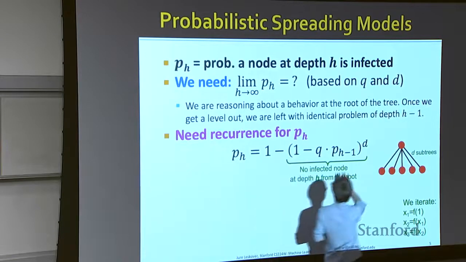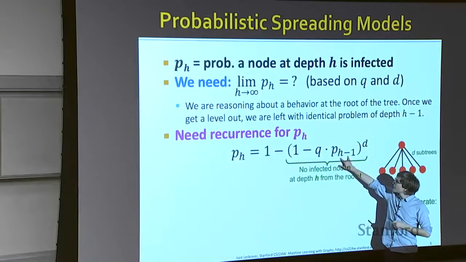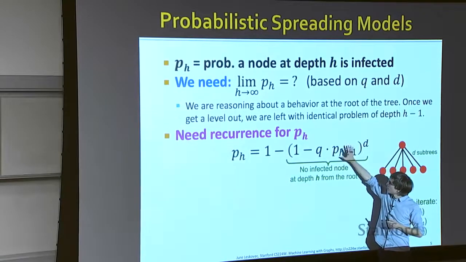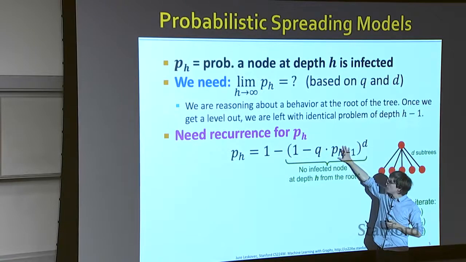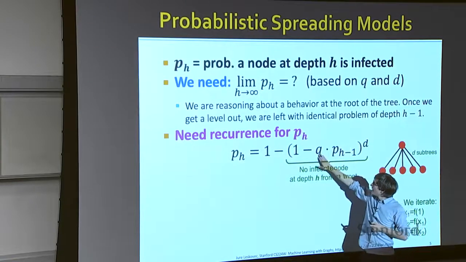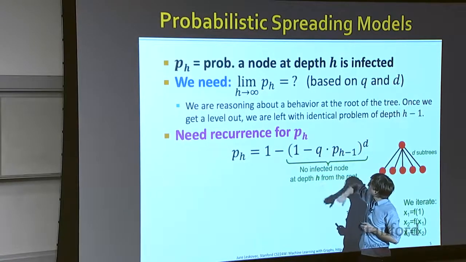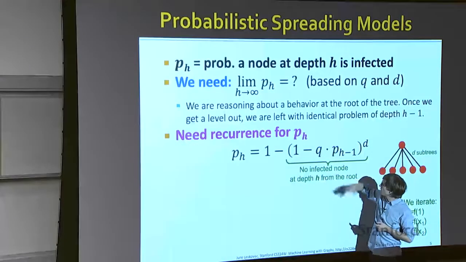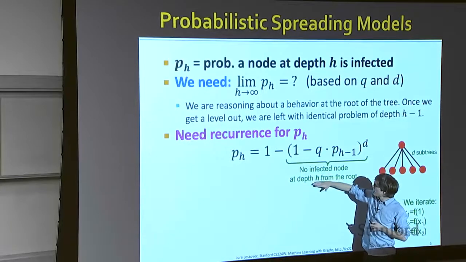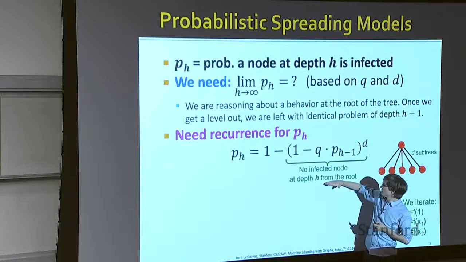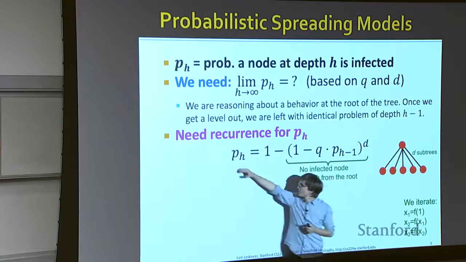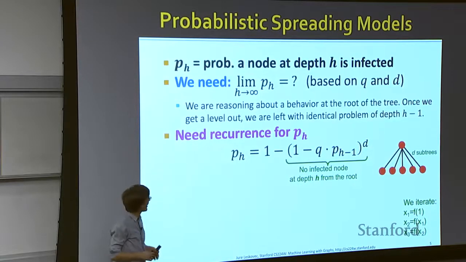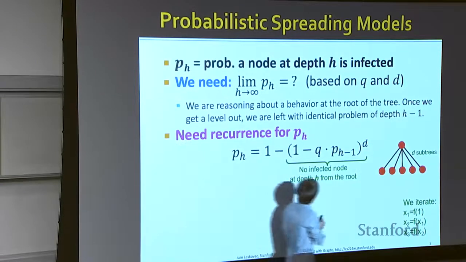So if this is the probability that on the upper level there is at least one infected node, then what we are saying here is that 1 minus q times P of h is the probability that we see no infected node at depth h from the root. So 1 minus that is the probability that we will have an infected node at level h.